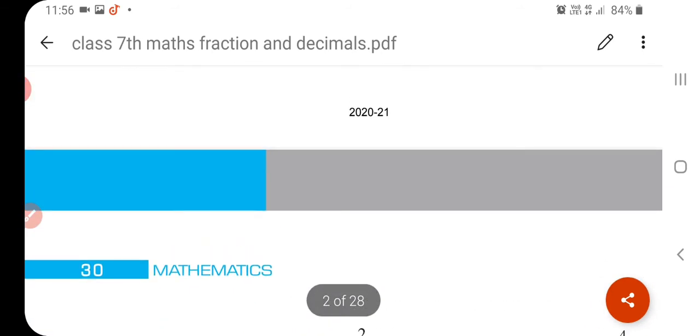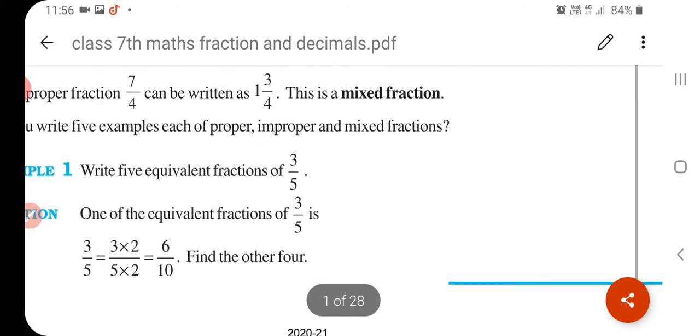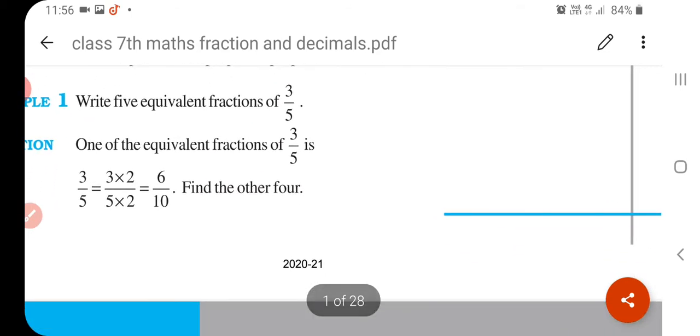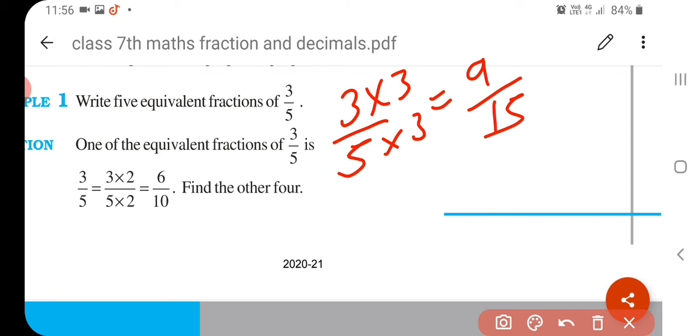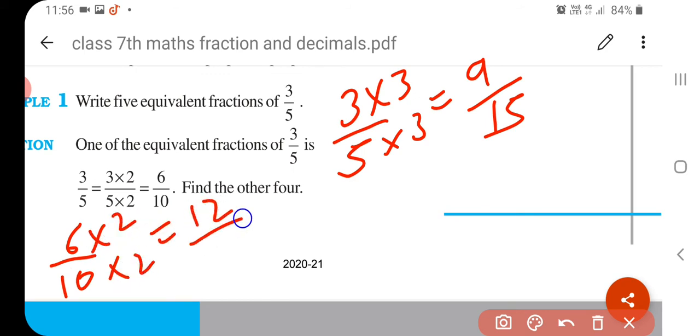Okay, understand. If we want to find 5 equivalent fractions, the method is 3 by 5 into 3 by 3, that is 9 by 15. And you have to find this type also. You get 6 by 10, again multiply by 2, so you get 12 by 20, again multiply by 2, you get 24 by 40.